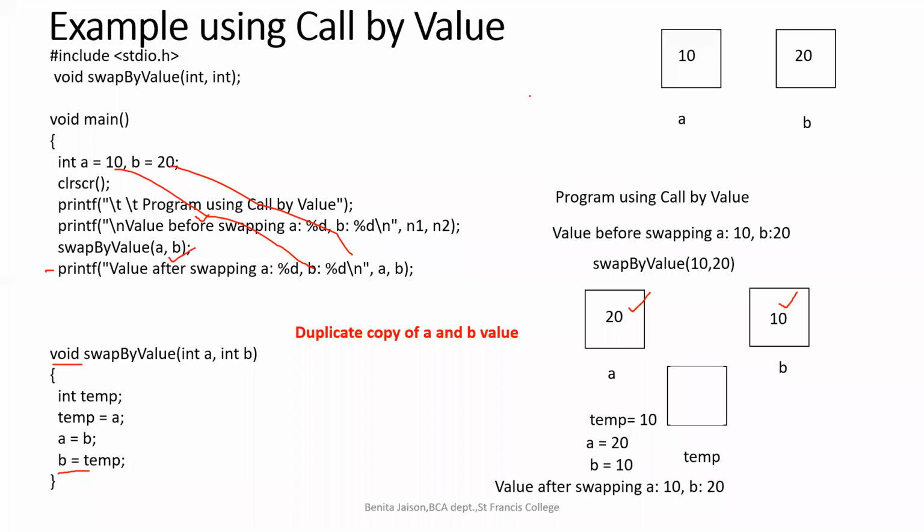Then why do we call the function, you may be thinking. I'm just demonstrating passing of values using call by value. If you had printed the statement inside the function, you would see that the value of A becomes 20 and value of B becomes 10.